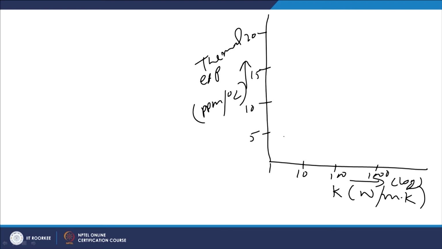The most favorable is the one having low thermal conductivity and lower thermal expansion coefficient, like here, sodium glasses. Another one having a very low thermal expansion coefficient and somewhat higher thermal conductivity is here, borosilicate glasses.